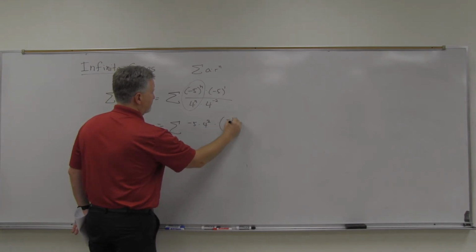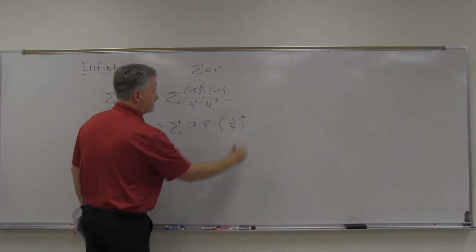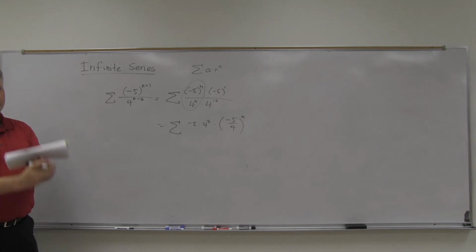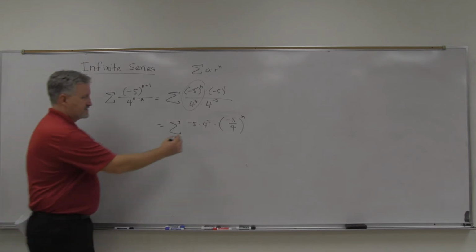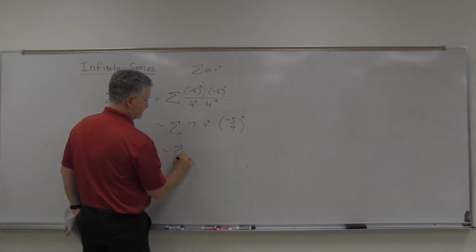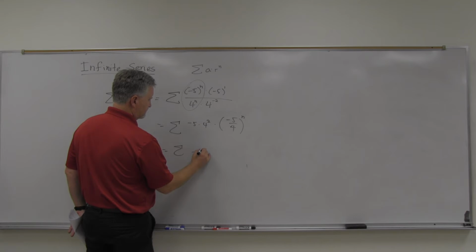And then I'd have -5 over 4 to the n. So just recombine those under the nth power. And so there, pretty well spells it out, doesn't it? This is just a number, negative 80. Is that right? Yeah, -80.